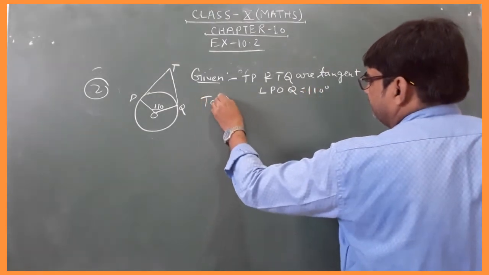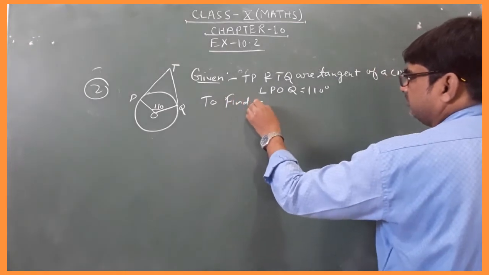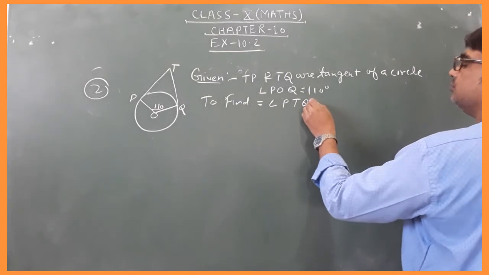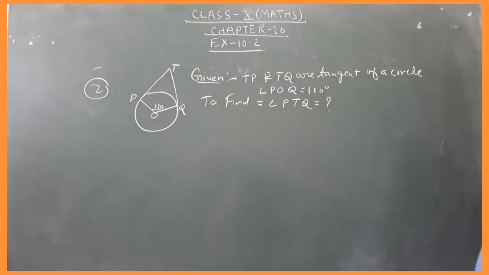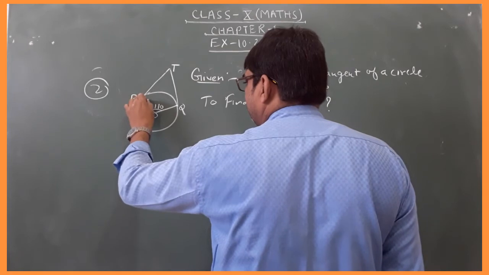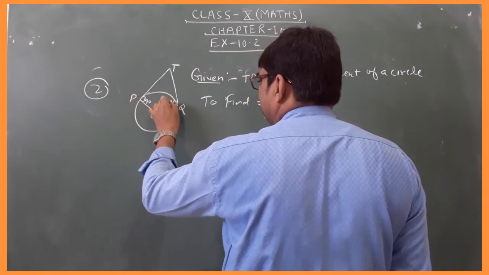To find angle PTQ is equal to. Student, this angle is 90 and this is also 90.